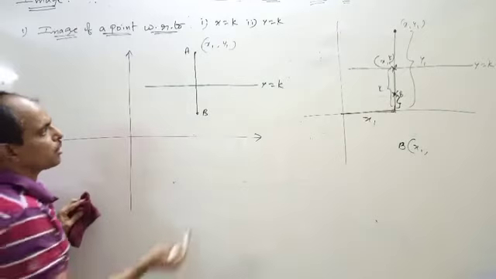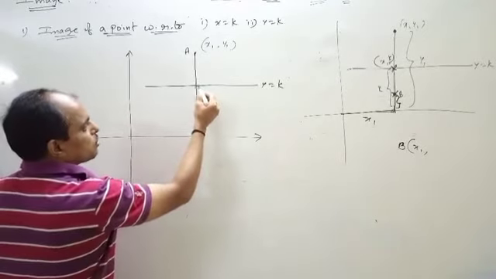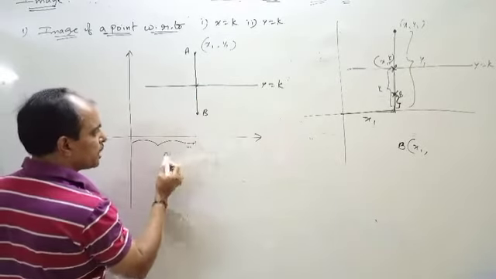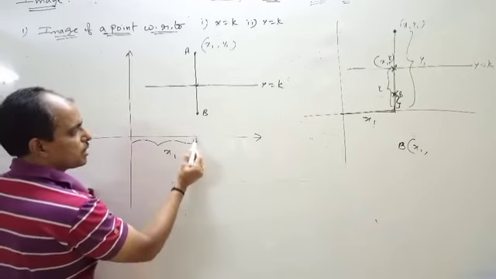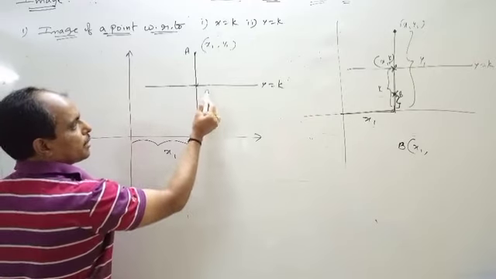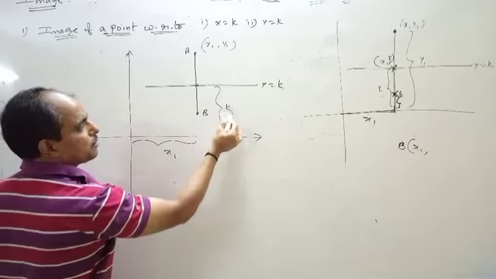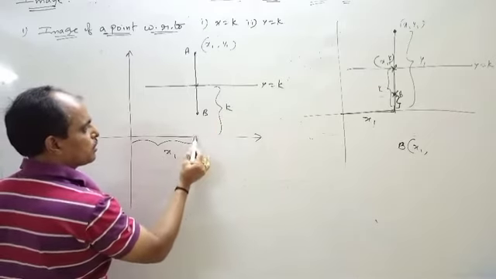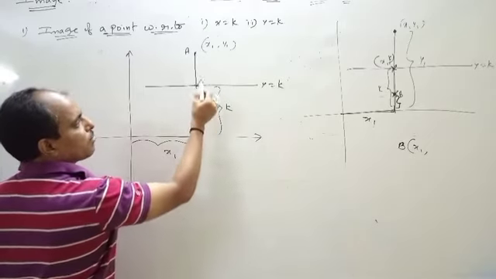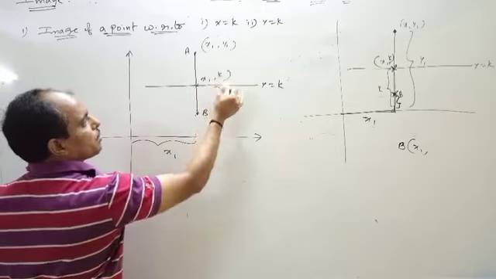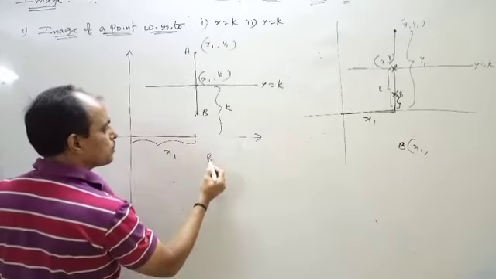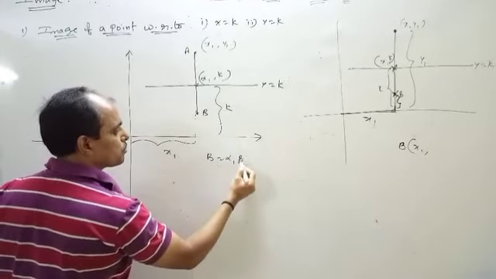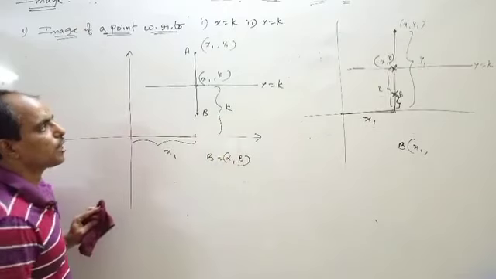Now you see, what about this point? From here to here the distance is x1. So this is x1. And this one is equal to k. So this is x1 and this will be k. What about this point? x1 comma k. Am I right? Now let B be alpha beta.